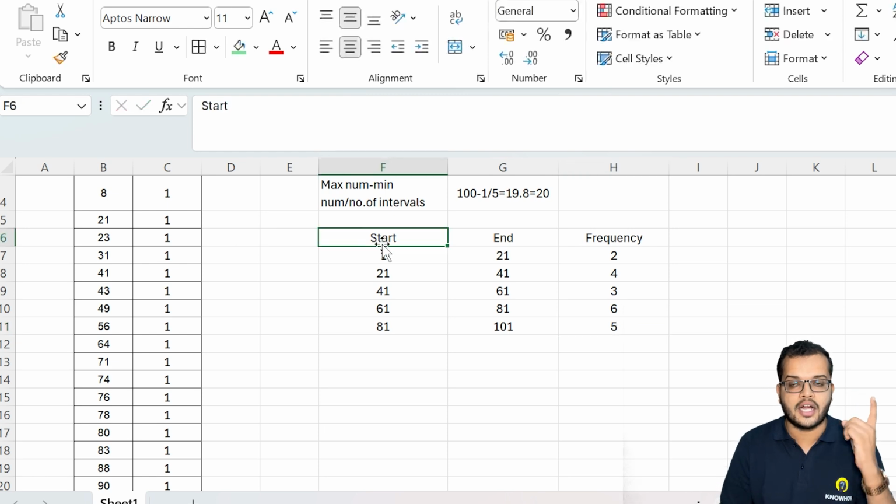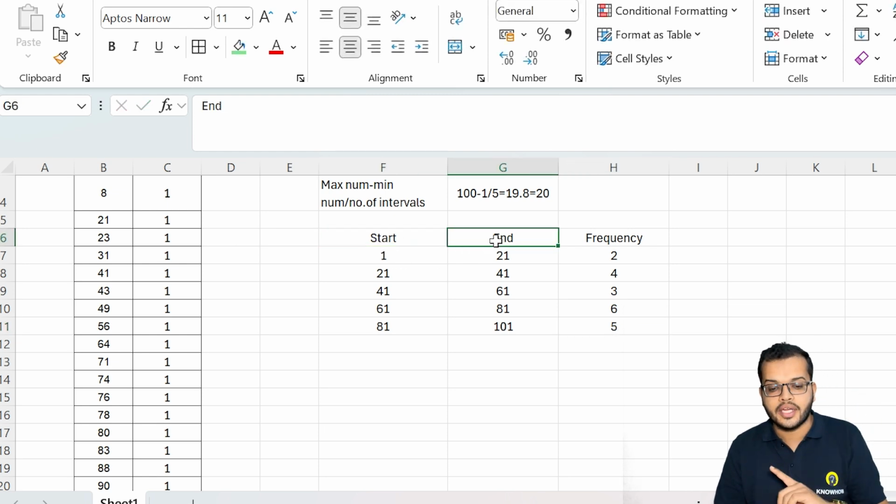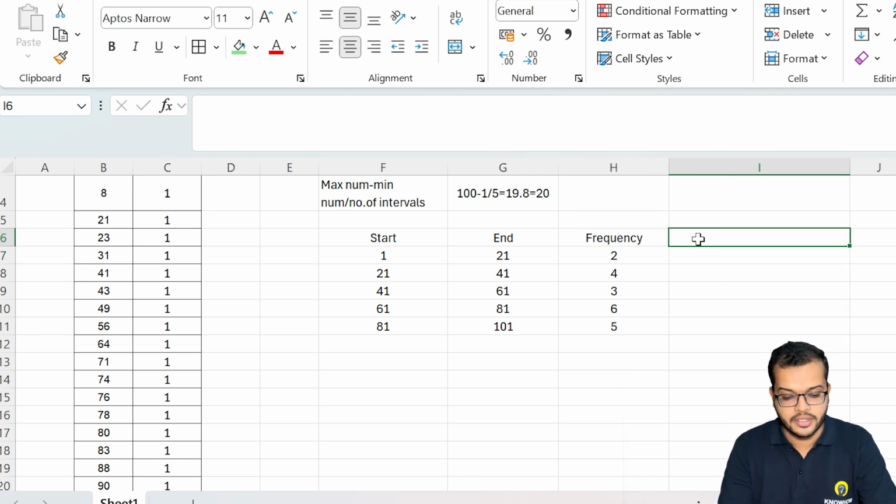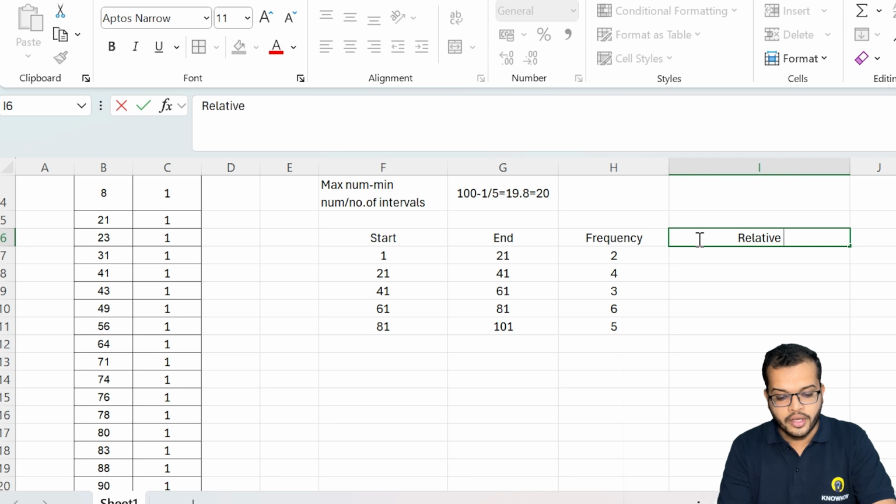Now we have the start of the interval, the end of the interval, and we have also calculated the frequency. Let's find out what my relative frequency will be. This is very important. Frequency is different, relative frequency is different.